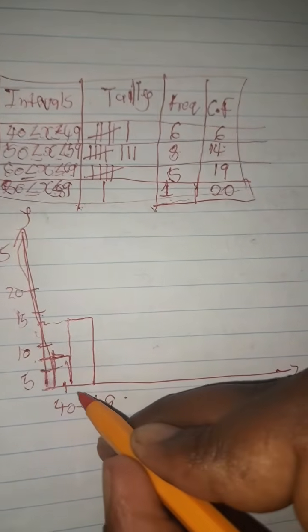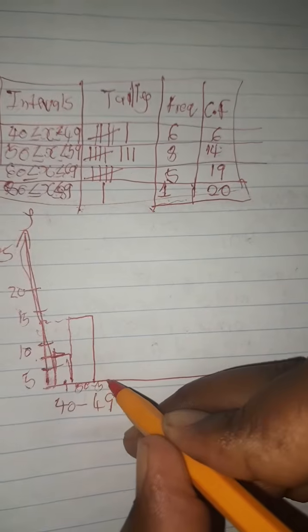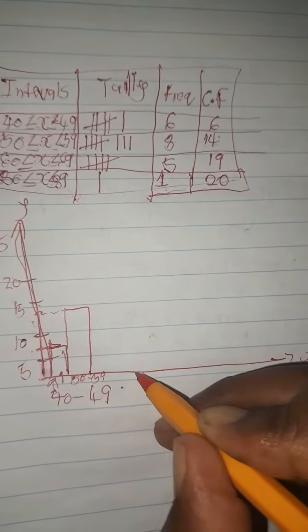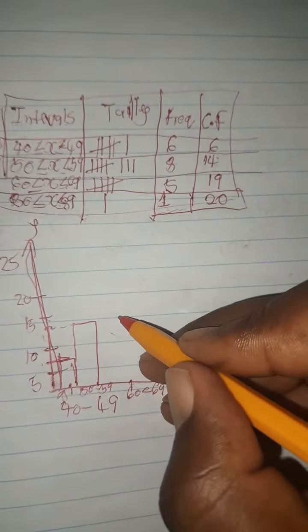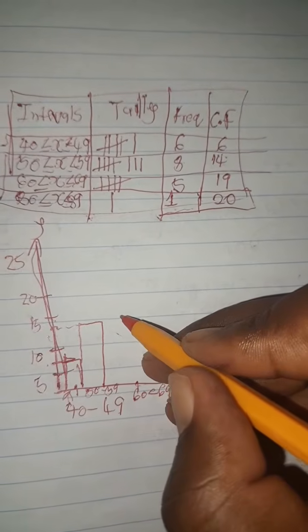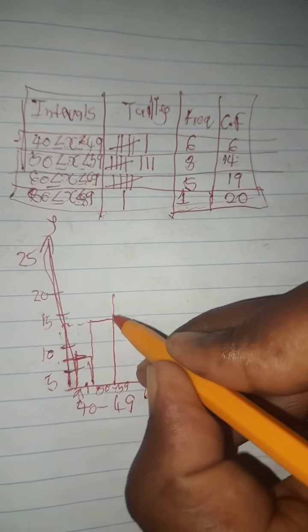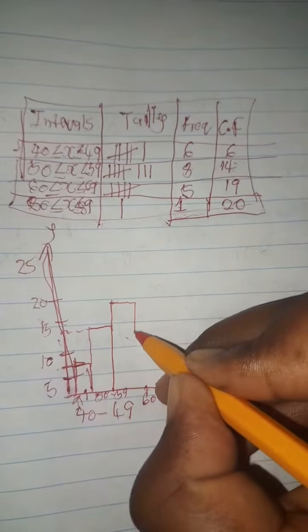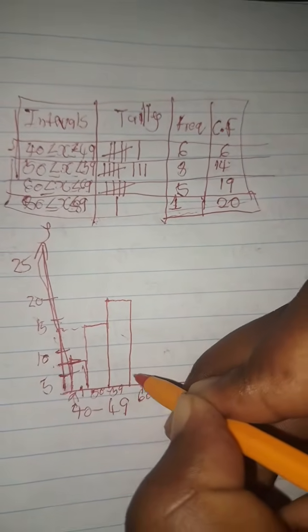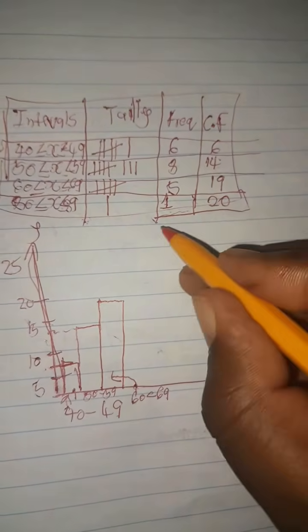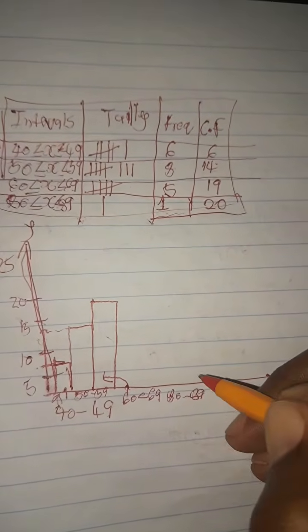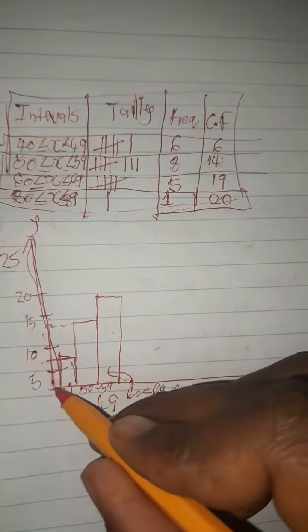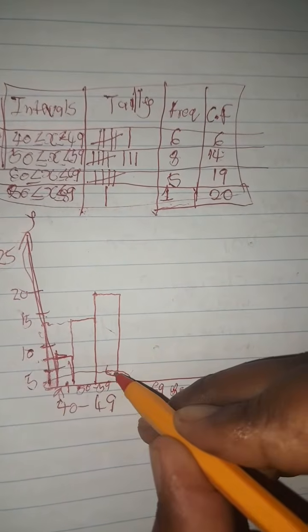Remember, this one is 50 to 59, and this is for 40 to 49. Then what follows is 60 to 69. 60 to 69 is what then? It's going to be 19, that's why I say it's closer to 20. This is the interval that falls here. Then we have 80 to 89, which is 1, so it's somewhere here.